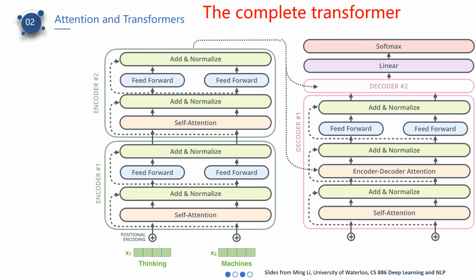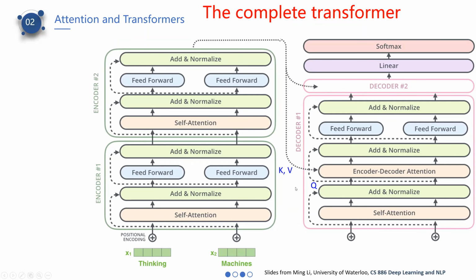If we use both, the output of the encoder goes to the decoder: the key and value come from the encoder, and the query comes from the decoder. So this is cross attention. In self-attention, the key, value, and query are from the same thing, but in cross attention there are 2 sources. These come from the encoder, and this comes from the decoder. That's the way it works.